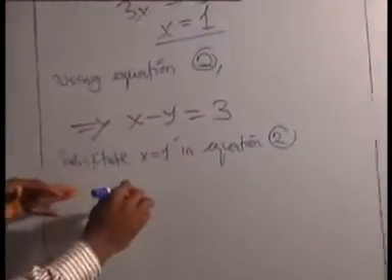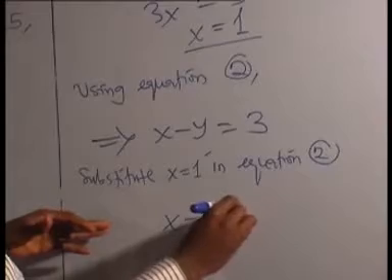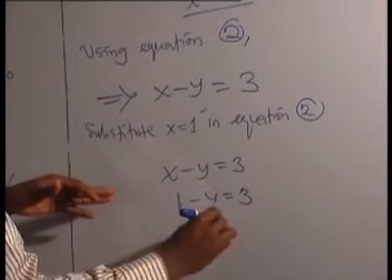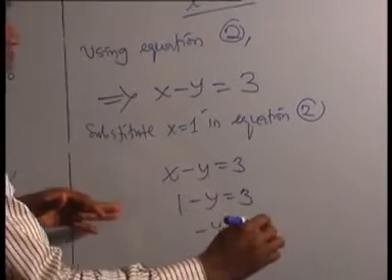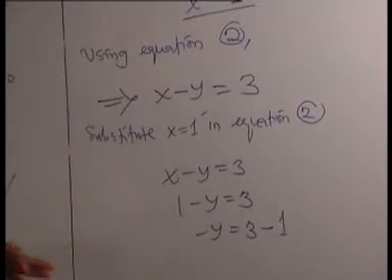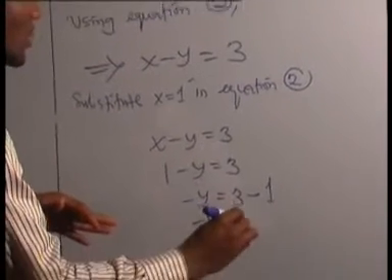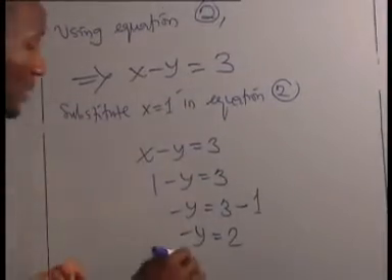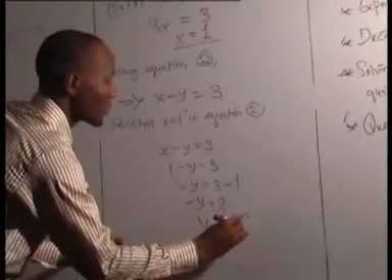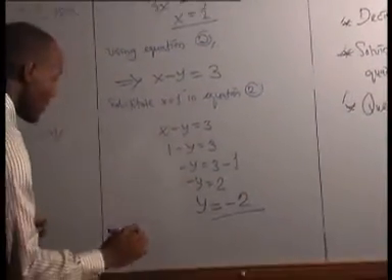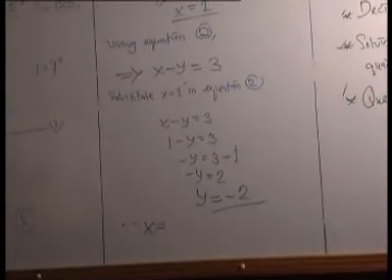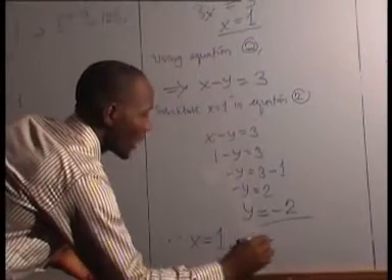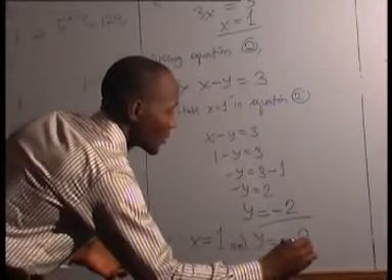Instead of x minus y equals 3, you now have 1 minus y equals 3, such that minus y equals 3 minus 1. So minus y is 2. You take this y to the other side, so that y will now be minus 2. Therefore, our x is 1 and our y is minus 2.